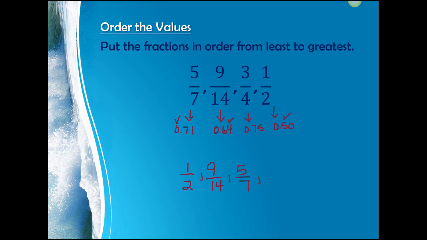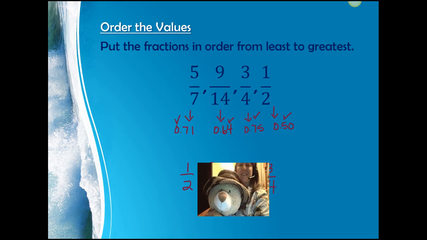And then finally, the largest value is 75 hundredths, so that means 3/4 is the largest fraction. There are other ways that you can order the fractions as well, but these are two of the easiest and most efficient. Well, Veritasians, that completes part 1 of our lesson on comparing and ordering fractions, decimals, and percents.